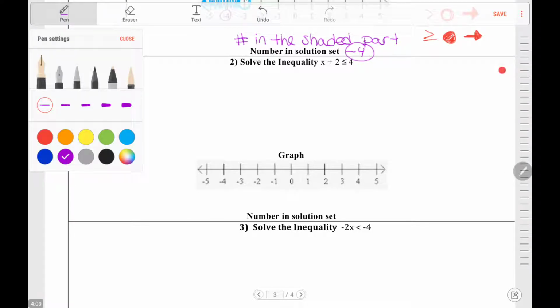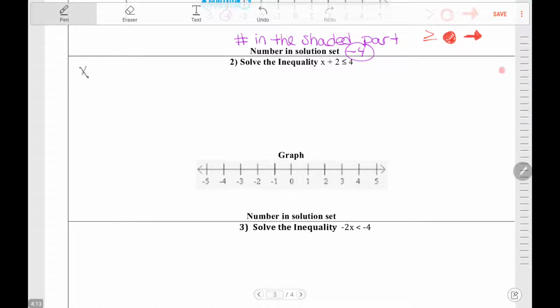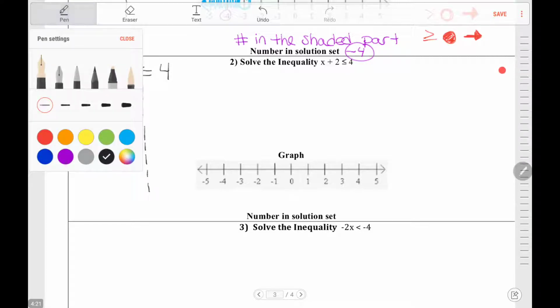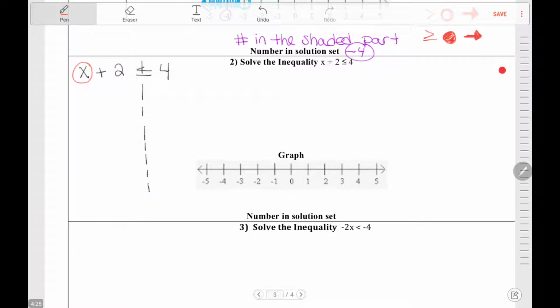Okay, let's try that again. I'm going to solve the inequality. X plus 2 less than or equal to 4. All right, so I'm trying to isolate my x, and what's bothering it is the plus 2. So I need to get rid of the plus 2. What's the inverse of positive 2? Negative 2.